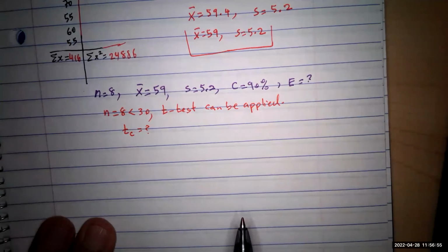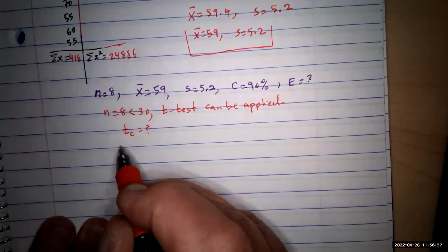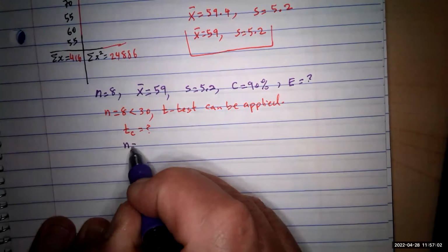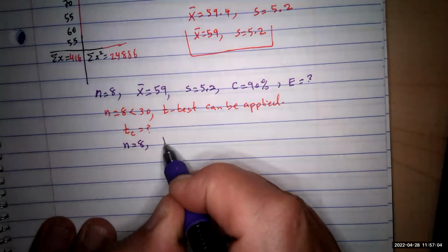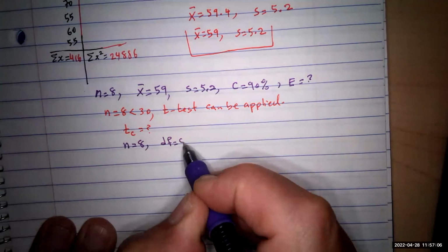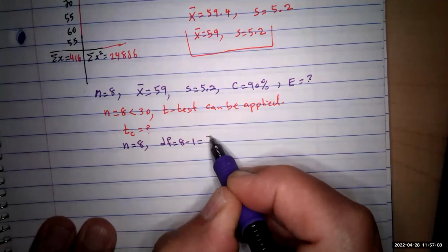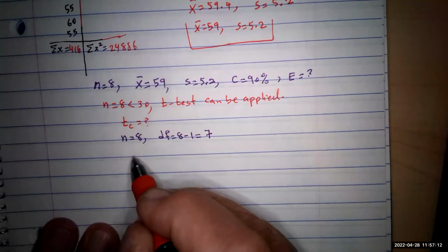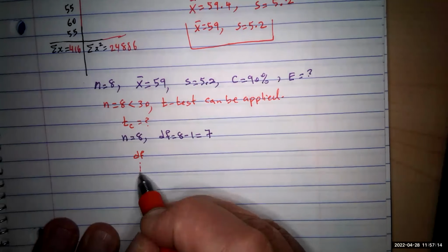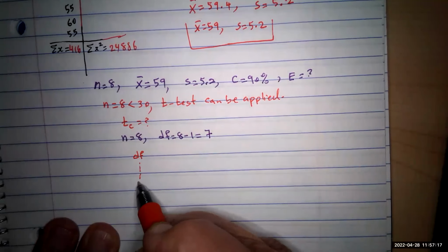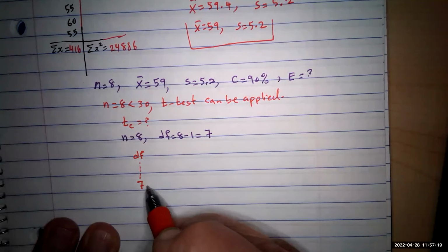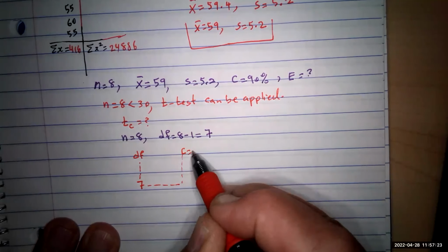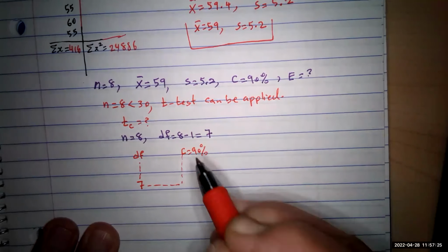So for the tc, your N is equal to 8. You have to go with the degree of freedom. So the DF, degree of freedom, would be 8 minus 1, which is equal to 7. So you go to your T table, and this is the column for the DF. You have the 7 here, and just keep going, match the top with 90%.